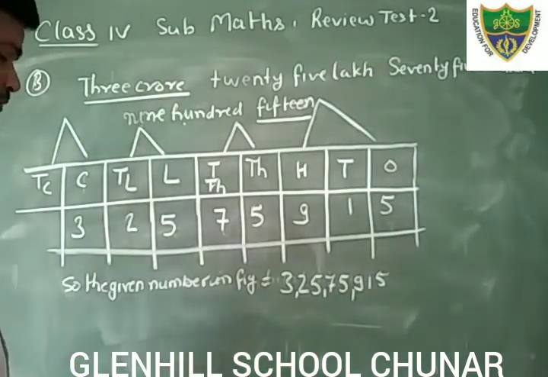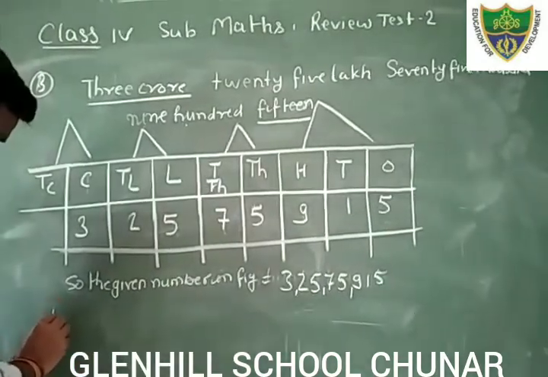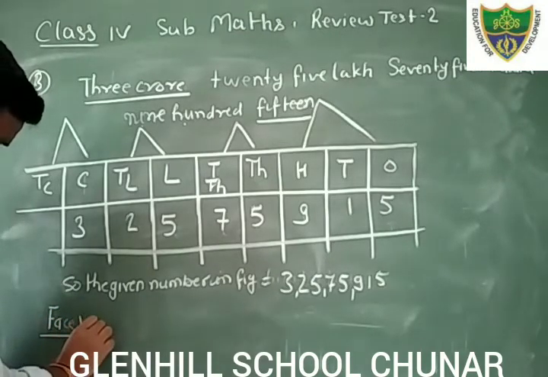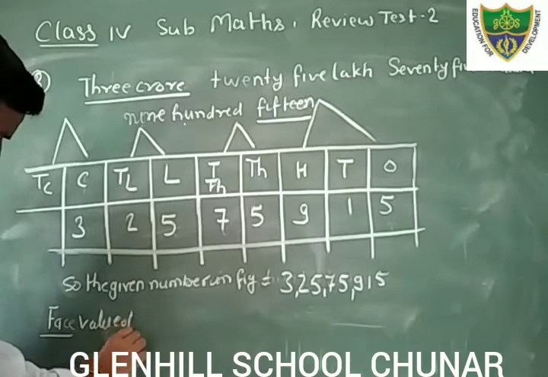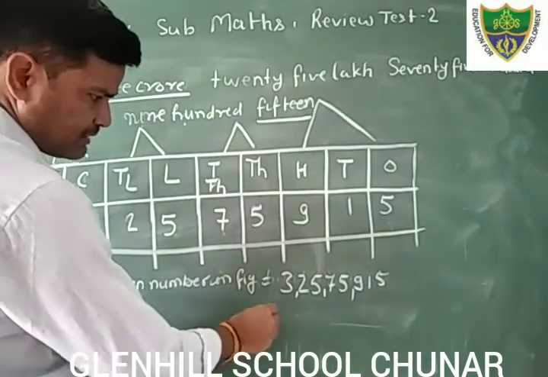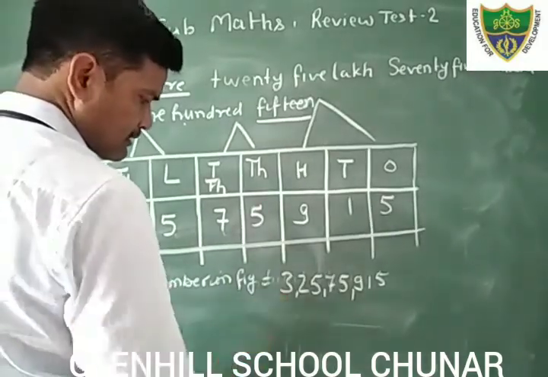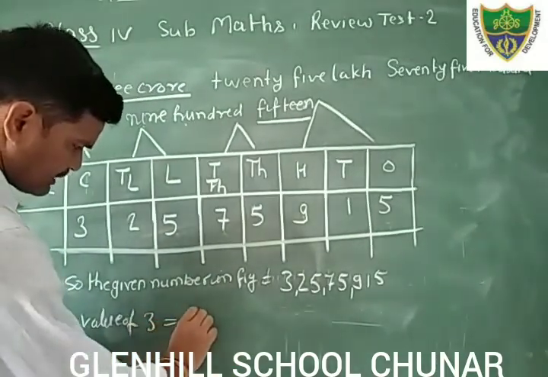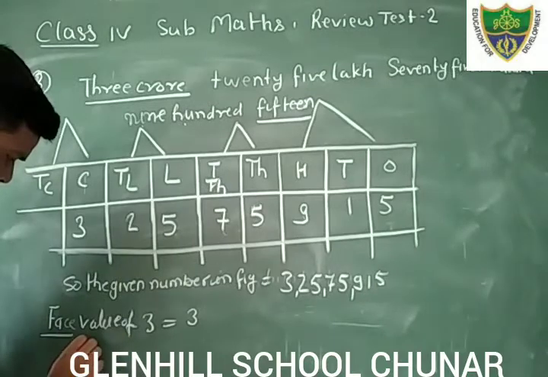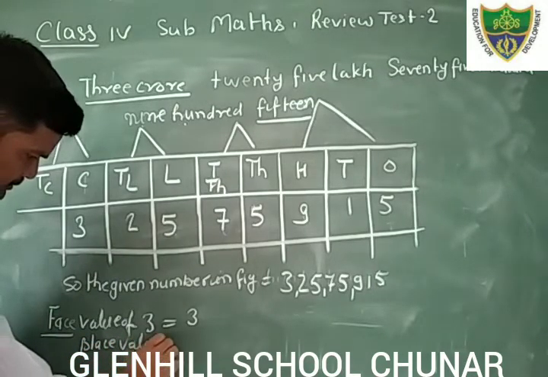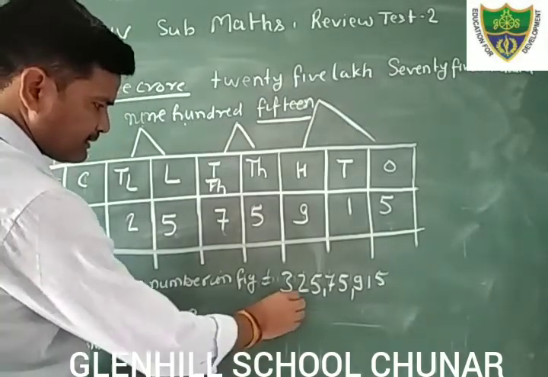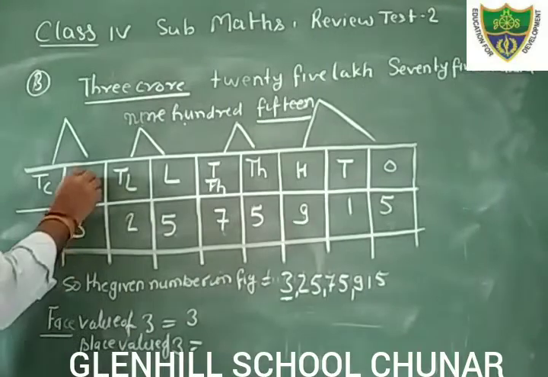Okay. So we write face value of 3. Here the first digit is 3, face value of 3, that is 3, and place value of 3. At which place is the 3? 3 is at the crore place.